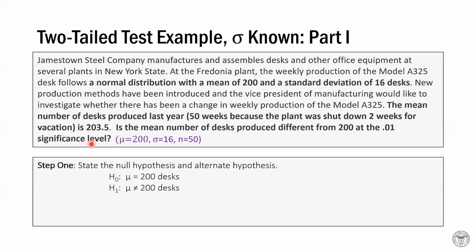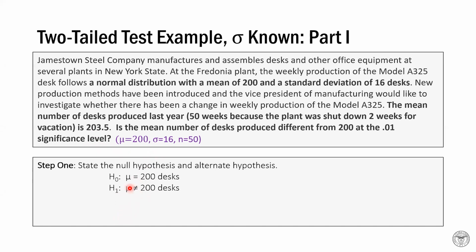The null hypothesis H sub 0 is mu equal to 200 desks, and the alternate hypothesis H sub 1 is mu unequal to 200 desks. This is a two-tailed test because the alternative hypothesis does not state a direction.